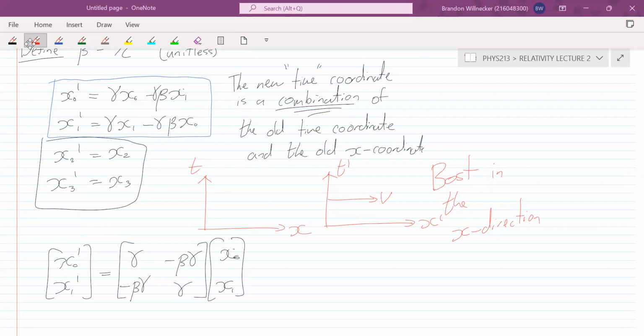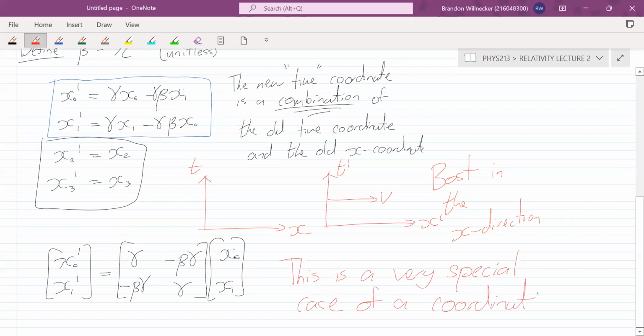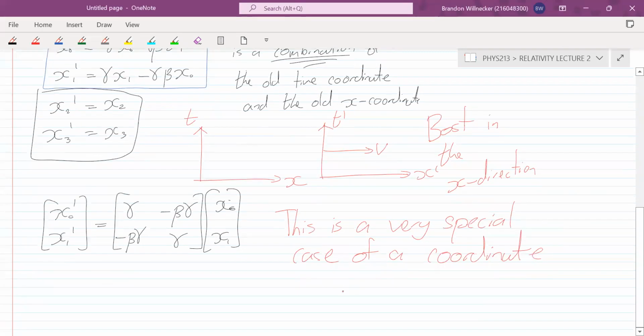However, if it's a non-linear transformation, we can't use matrices anymore. So this is a very special case of a coordinate transformation.